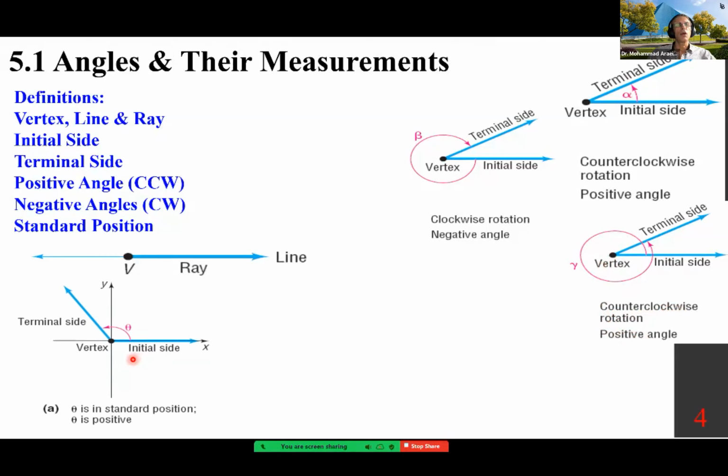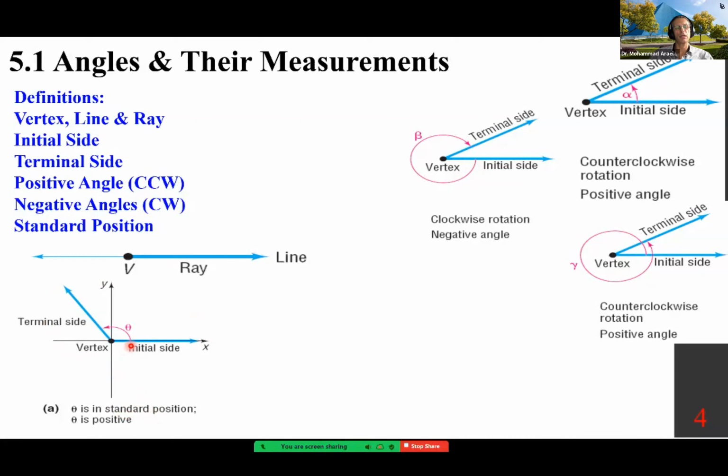Now, what is standard position, everybody? If you look at the grid that we have, we put the initial side of the angle along the positive side of the x-axis, the terminal side wherever it might be. Now we say the angle is in standard position.